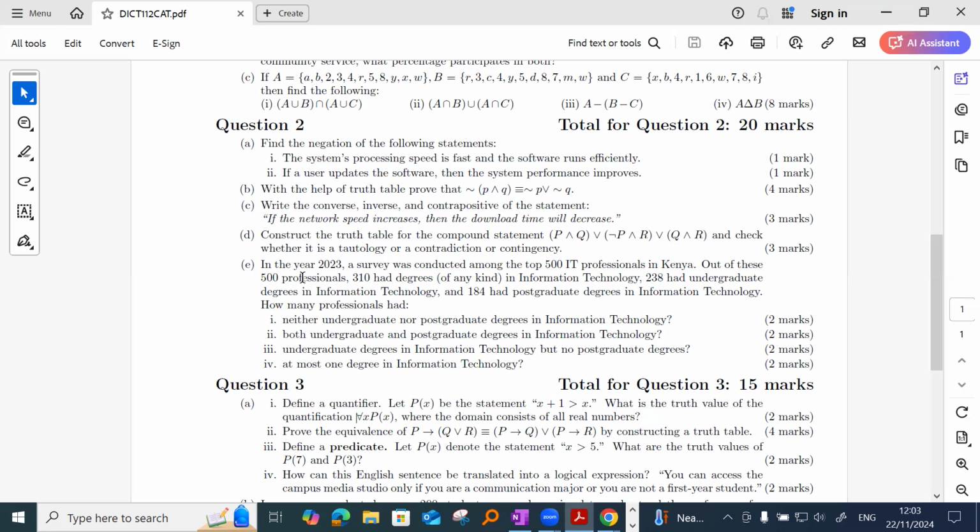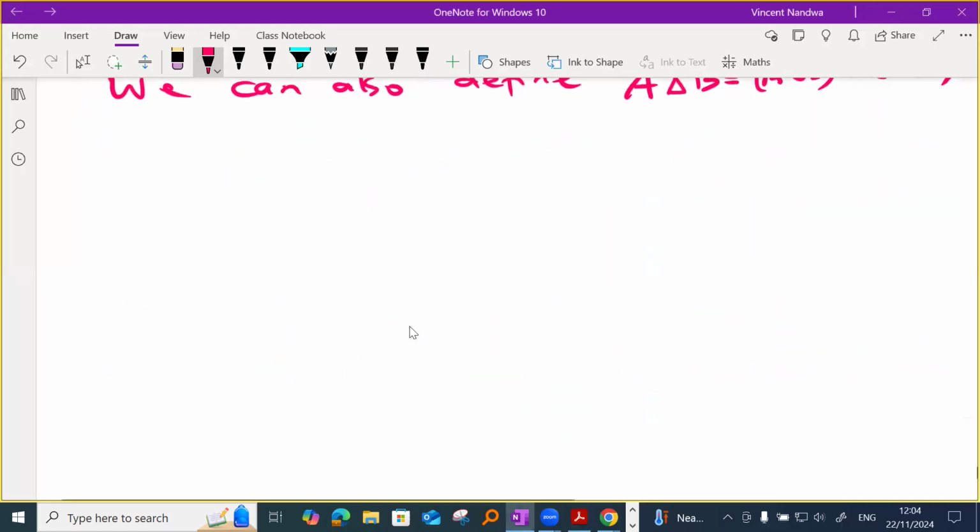Postgraduate degrees, okay. How many types of degrees do you know? Not in the question, just in general. How many types of degrees do you know? One, the normal degree after undergraduate, then postgraduate, yes. Correct, you are right.